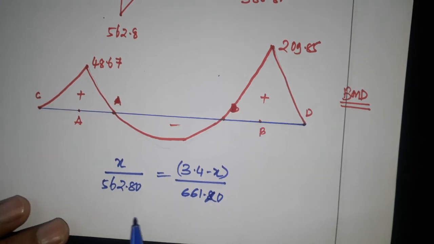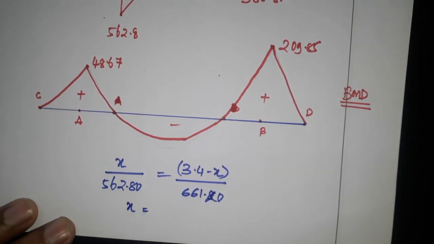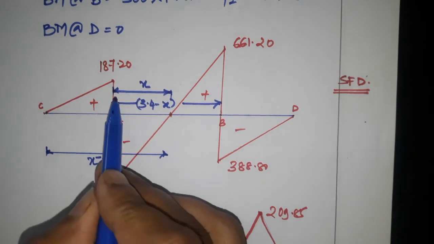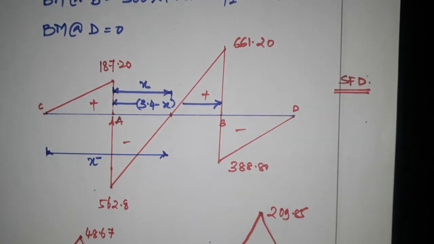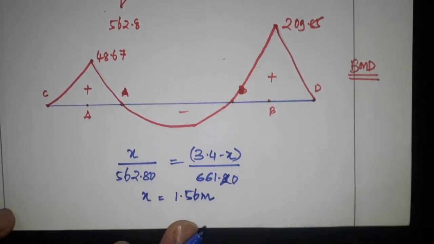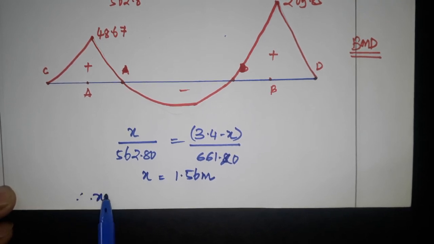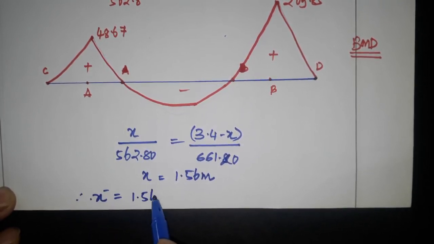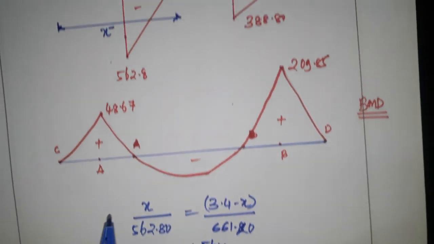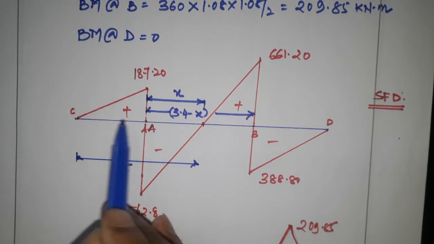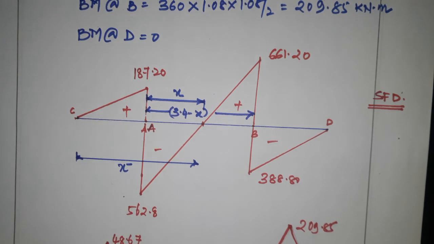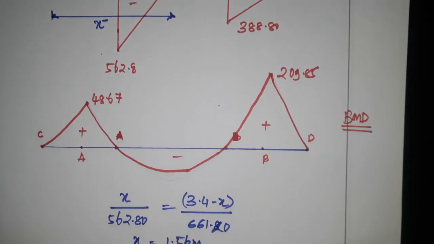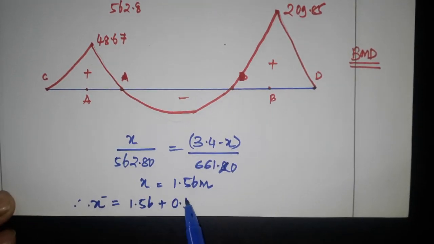So from this we will get x is equal to 1.56 meter. So therefore x bar is equal to 1.56 plus this distance, 0.52.